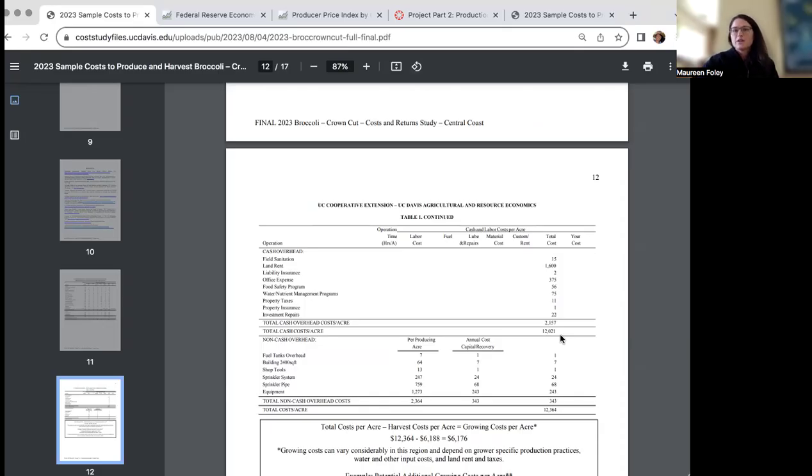You don't have to replant an orchard every year, right? It stays in the ground and then you continue to harvest from it year after year. That's what we call a perennial crop. An annual crop, you grow it once or maybe twice in the year, and then it's removed and replaced with another crop.